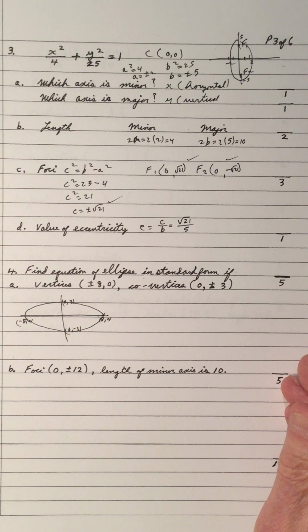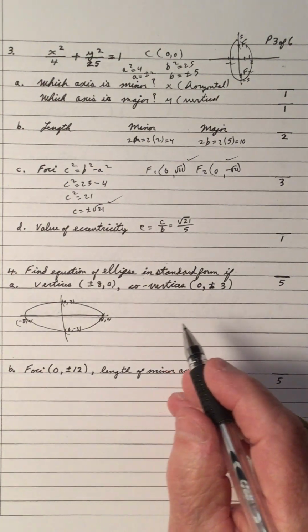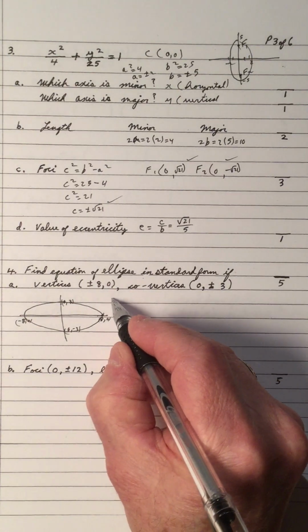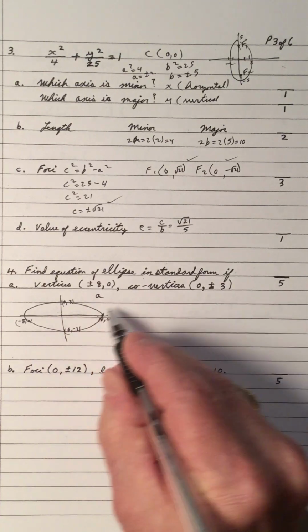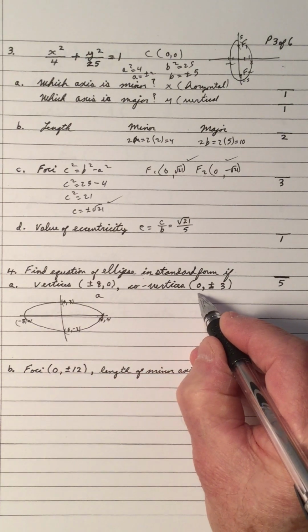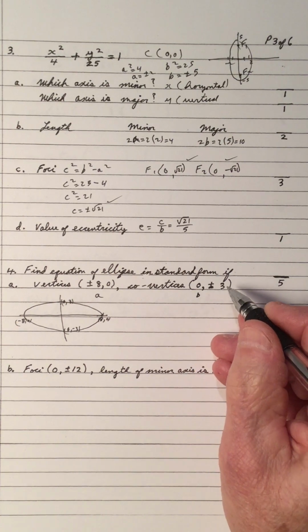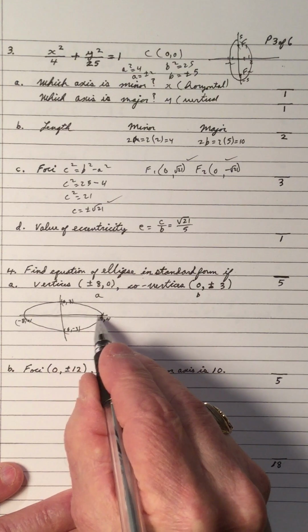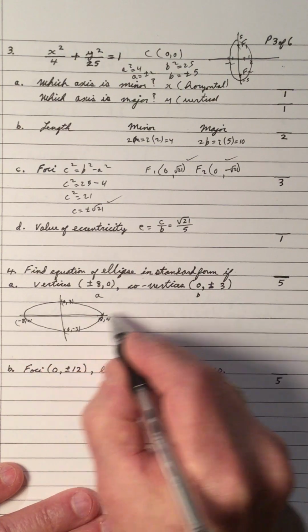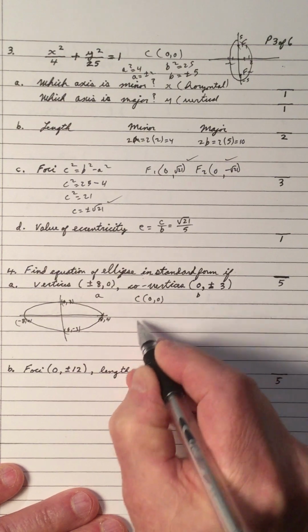So now we have the vertices. That means according to this, a is plus or minus 8, and b is plus or minus 3. The center is the midpoint of these two, so the center is (0, 0).